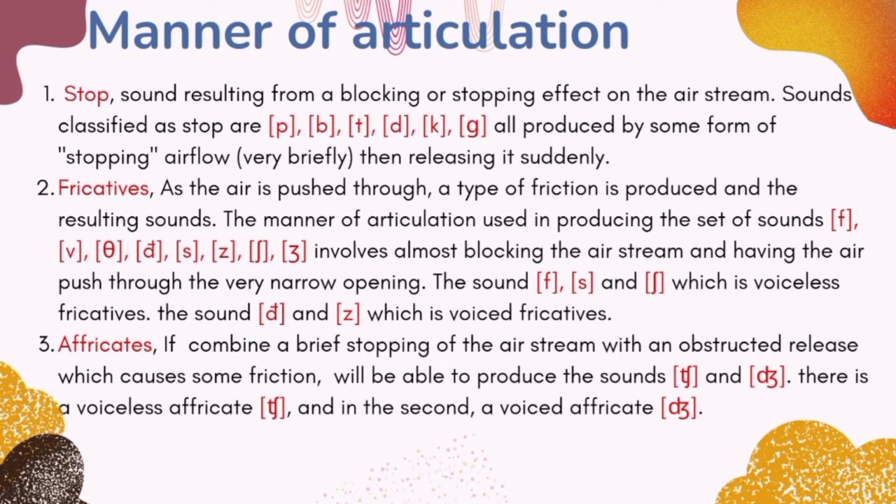The manner of articulation used in producing the set of sounds f, v, th, th, s, z, sh, and zh involves almost blocking the airstream and having the air pushed through a very narrow opening. The sounds f, s, and sh are voiceless fricatives, the sounds v and z are voiced fricatives.